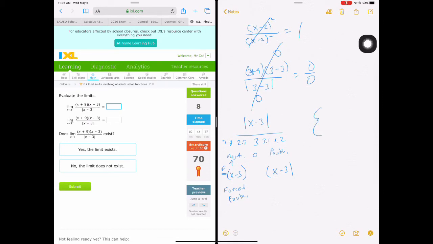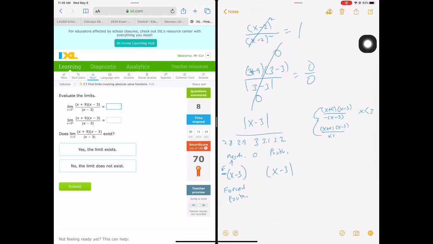So let's go ahead and write that piecewise function. On the top, we're going to write x plus 9, and then we're going to write the x minus 3, and we're not going to write the absolute value sign. We're just going to write a negative parentheses x minus 3, and this negative happens when x is less than 3. The right side of this problem, we don't need the absolute value sign at all, so we can leave it as a positive version.